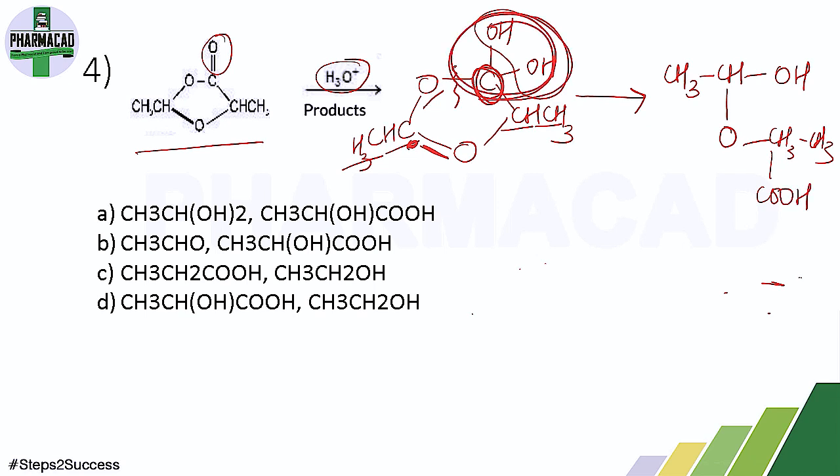And this oxygen with one hydrogen is having positive charge. This bond gets broken and shifted into this. So what will we get? CH3, CH with positive charge and OH.